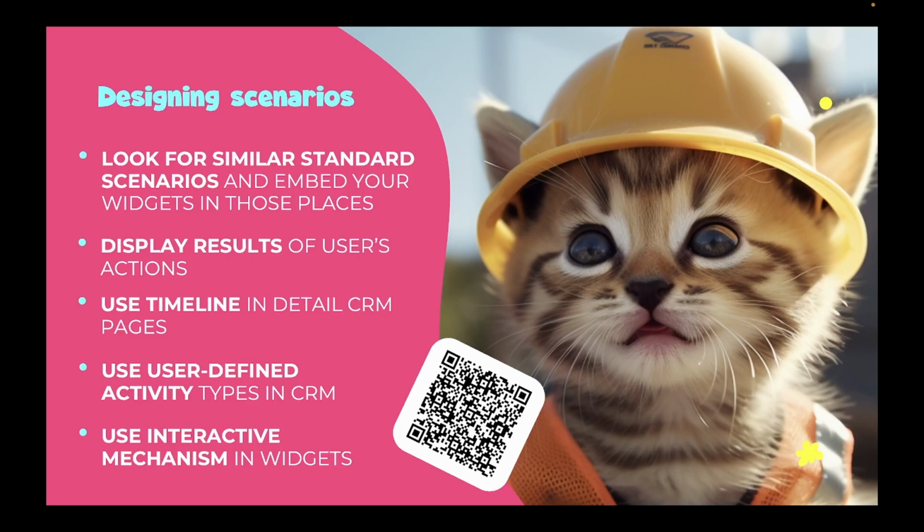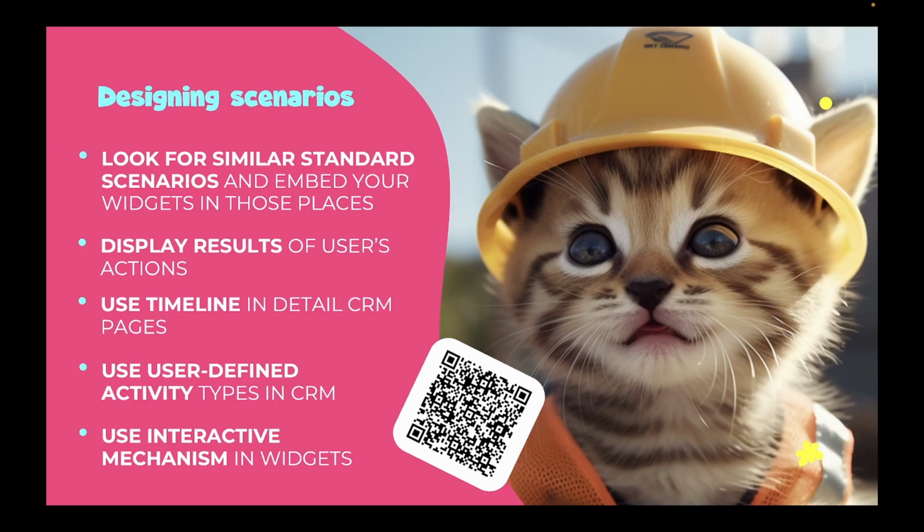If you want to provide information on a deal, it's best to embed your widget in deal tabs. For actions related to a deal, place the widget in areas associated with actions, such as timeline menus or button drop-down menus. Whenever a user performs any actions within your interface, make sure to display the results promptly.